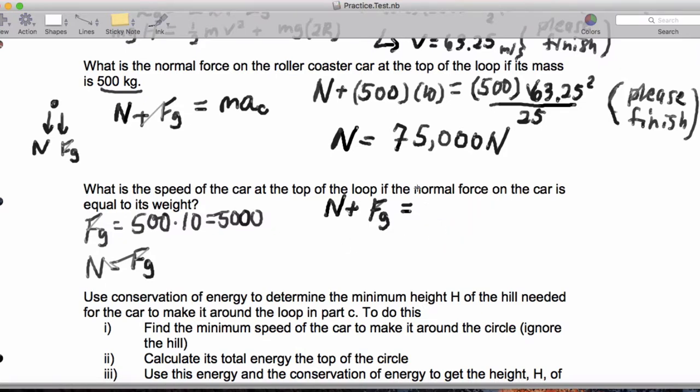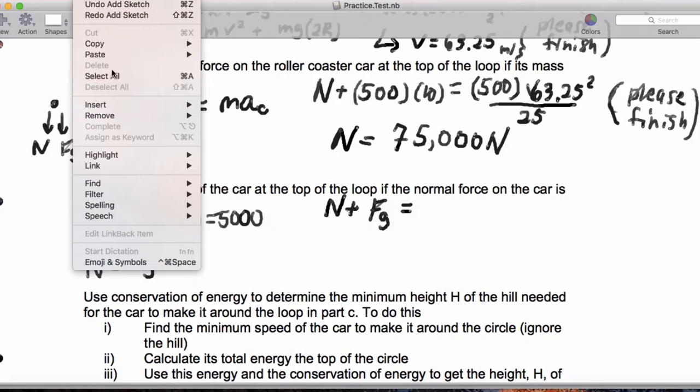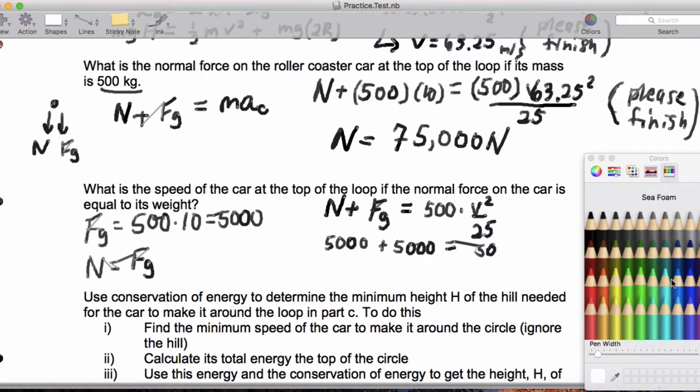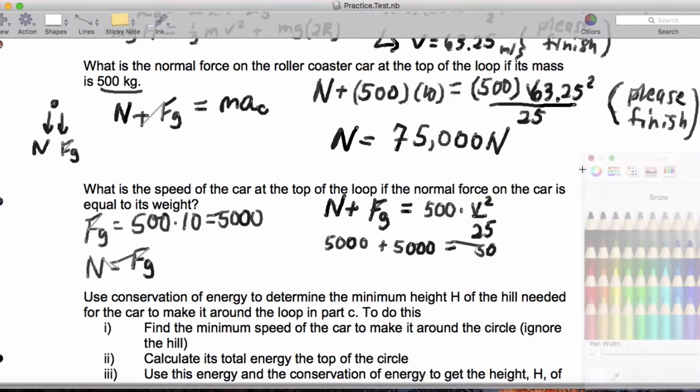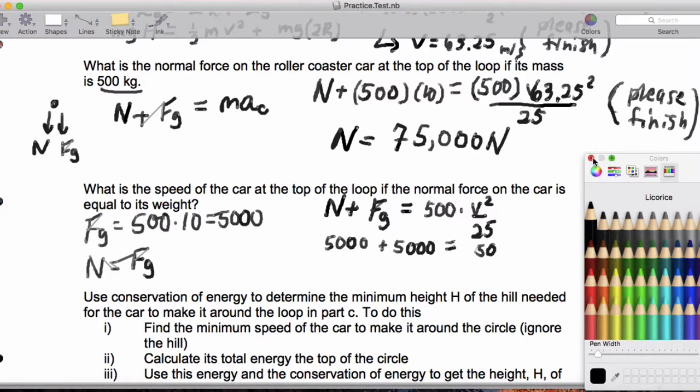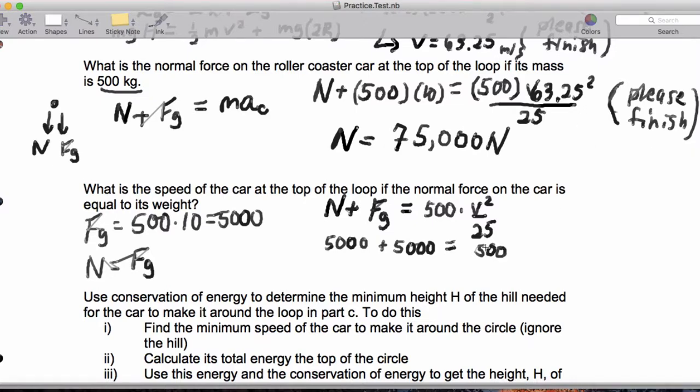Sorry, I just don't like what happened there with that. I'm just going to get rid of that. So we'll get 500 times v squared over 25.